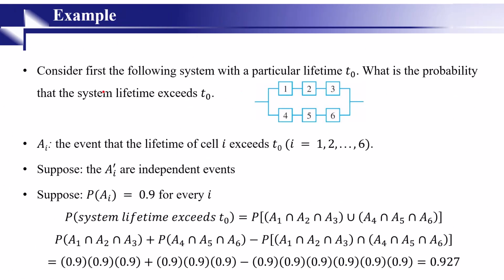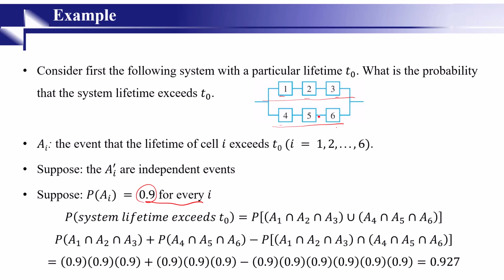Imagine a system with 6 cells, 1, 2, 3, 4, 5, 6, right? 1, 2, 3 are in one line and 4, 5, 6 are in another line. Each cell has a probability of 90% of lasting past time t0, and they are also independent.